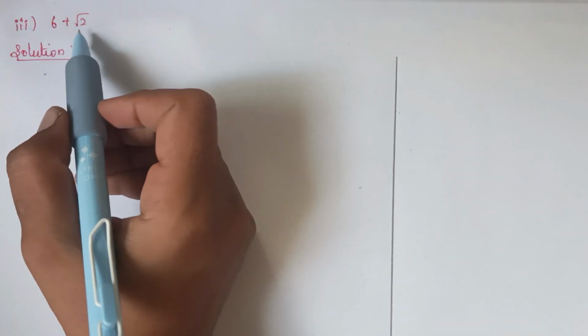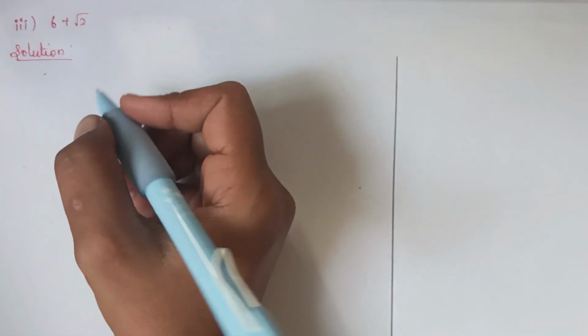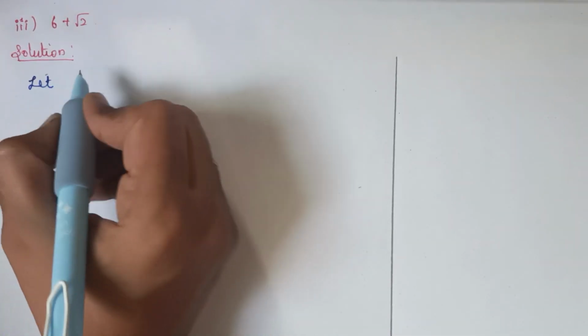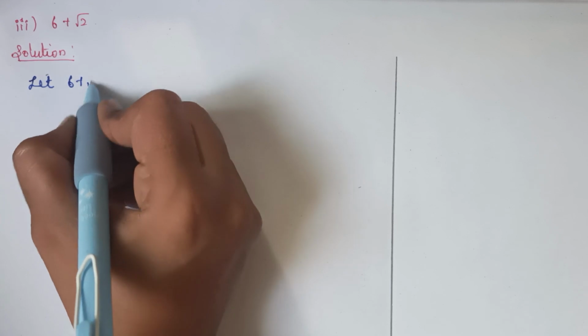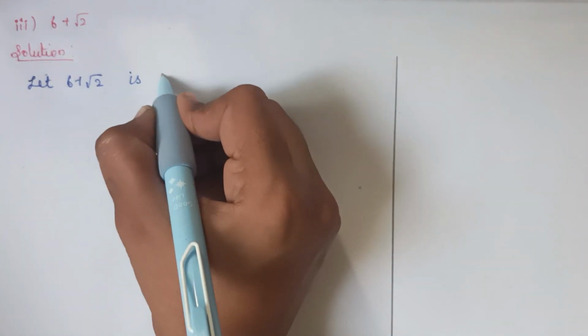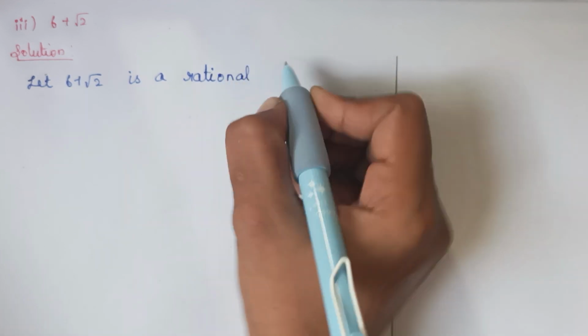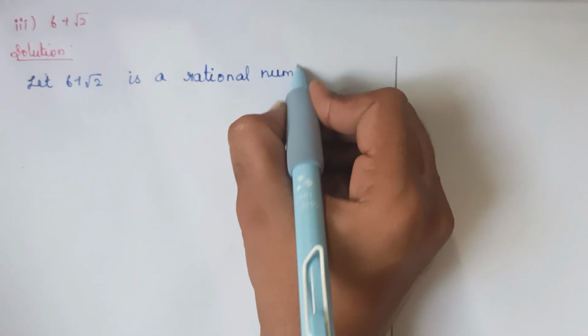Okay, then the third sum, 6 plus root 2. We should prove that 6 plus root 2 is an irrational number. Okay, we do that. Let 6 plus root 2 be a rational number.